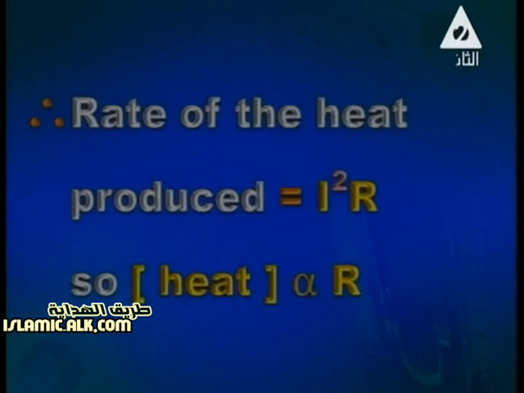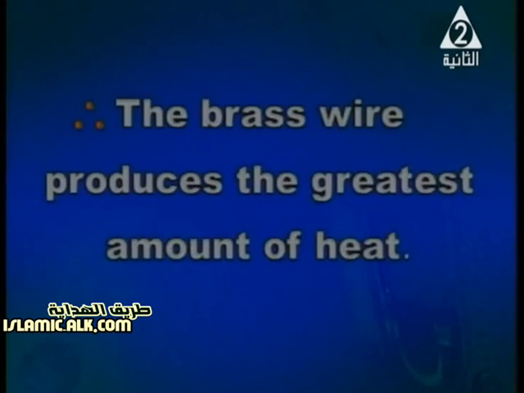So heat is directly proportional to the resistance. It means the higher the resistance, the greater the amount of heat produced. So the brass wire produces the greatest amount of heat simply because it has the highest resistance.